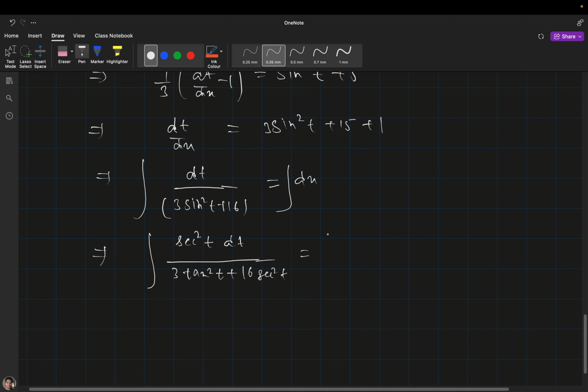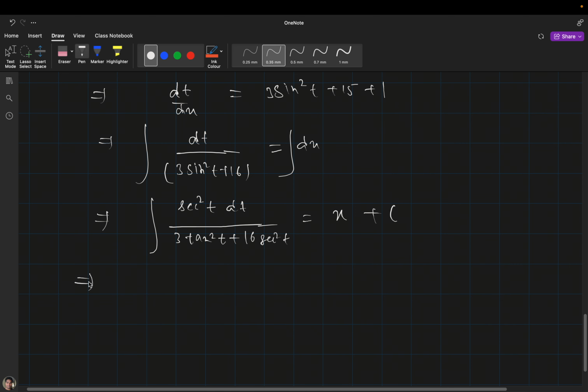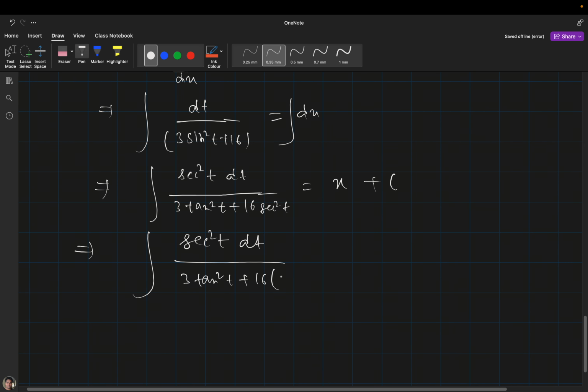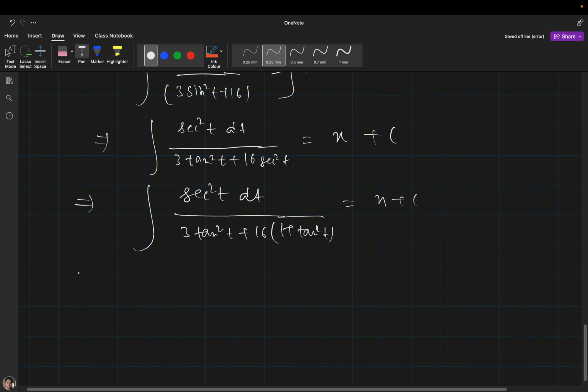The right side becomes x plus constant. Now in place of sec square t, I can write 1 plus tan square t, equal to x plus c.